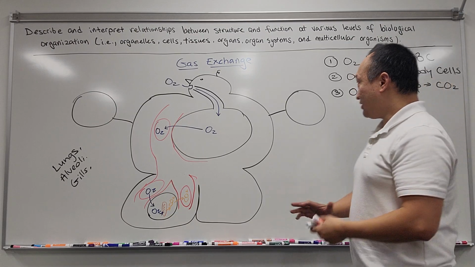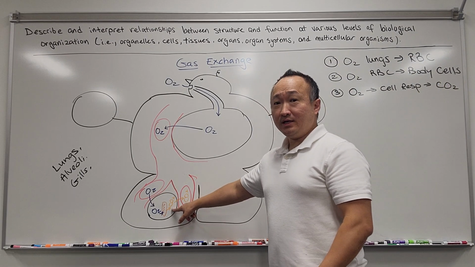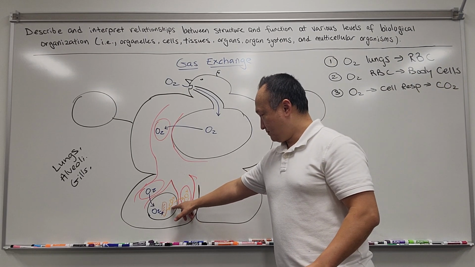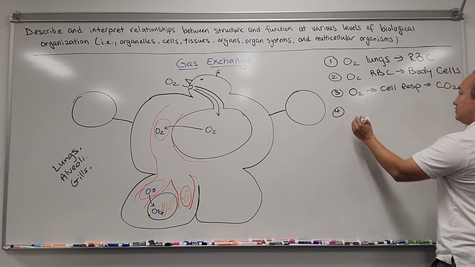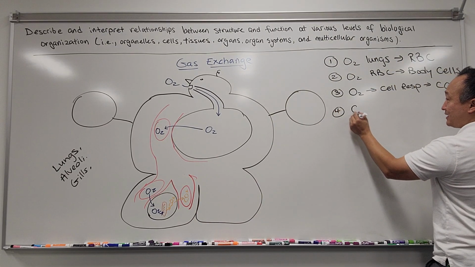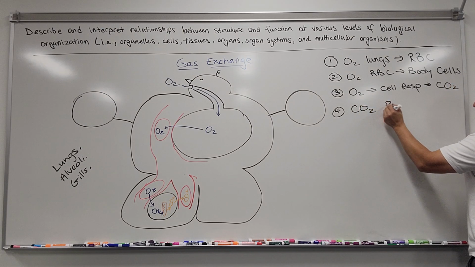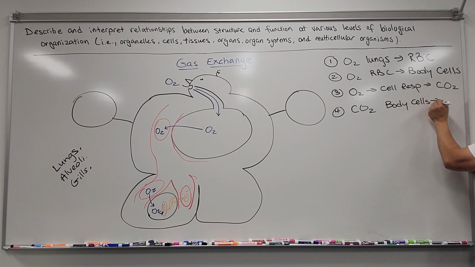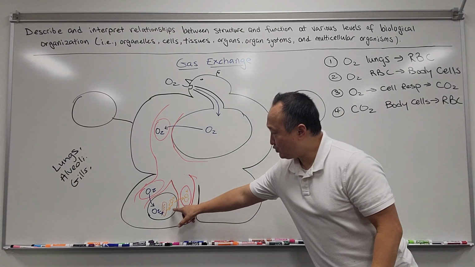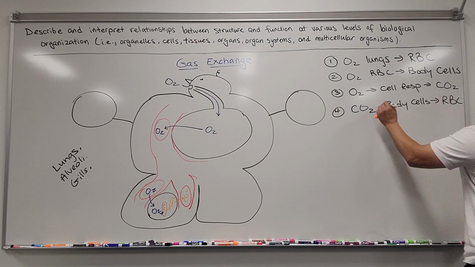And we're trying to get rid of that carbon dioxide, and we're going to need the help of red blood cells again. So now, how does that carbon dioxide leave? Well, it's going to go from the body cells to the red blood cells.